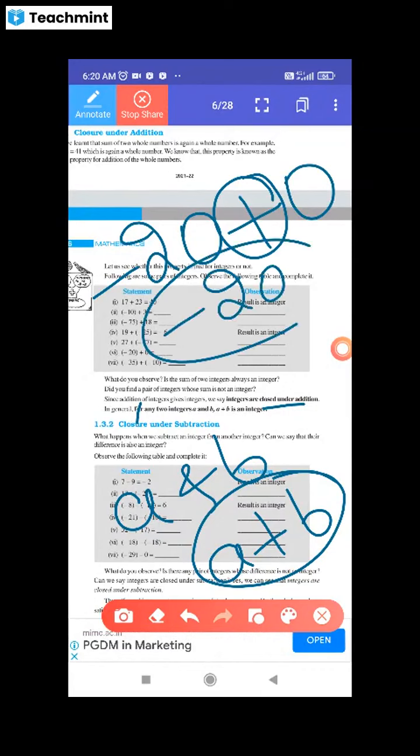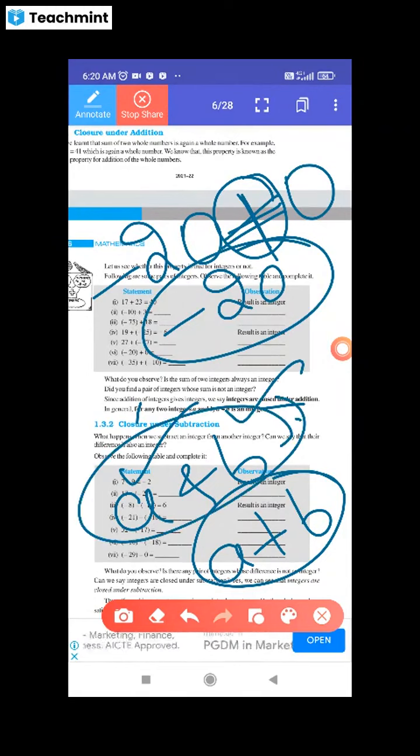Minus 20 is also an integer, no? So integers are closed under addition. In general, a is one integer and b is also an integer. After adding these two, again you will get an integer. So this property we call closure under addition. Clear? Yes, ma'am.